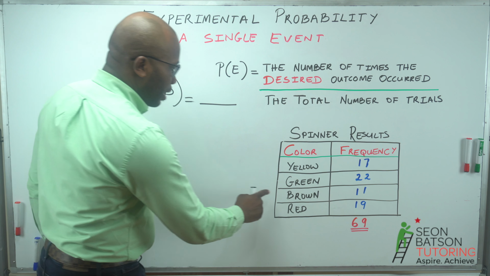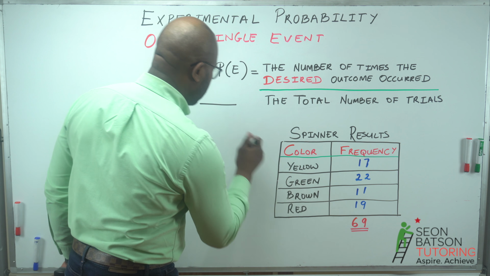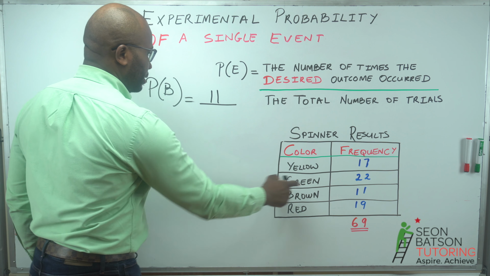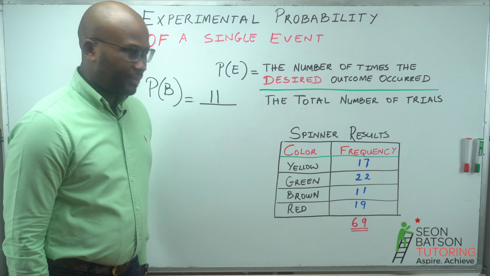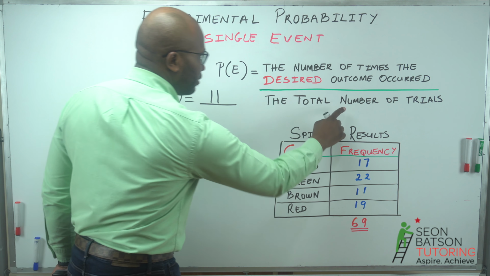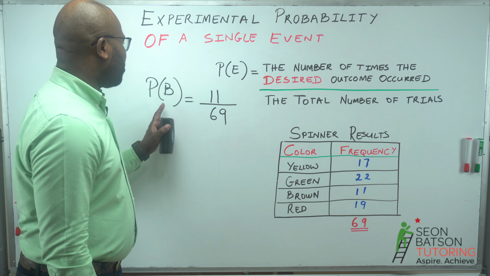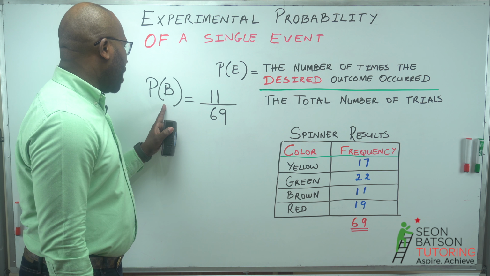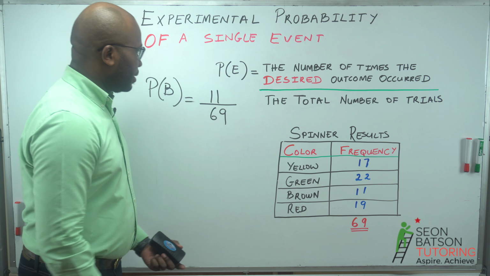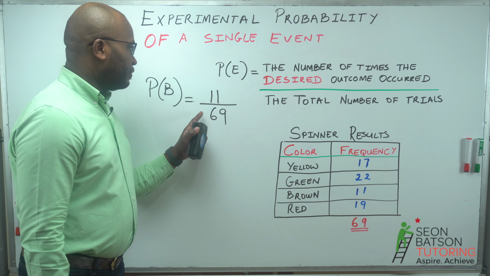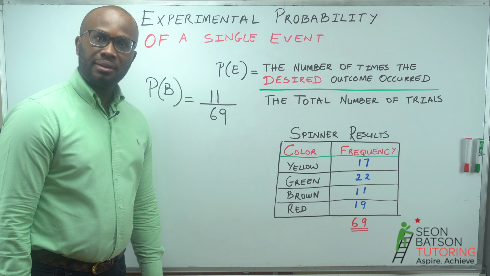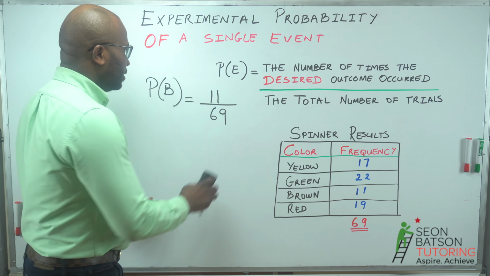According to the table, I got brown 11 times when I conducted my experiment. And the total number of trials again is 69. So the probability of me getting a brown the next time I spin the spinner will be 11 out of 69. Very simple, yes?